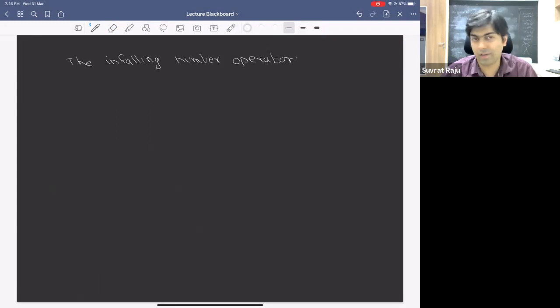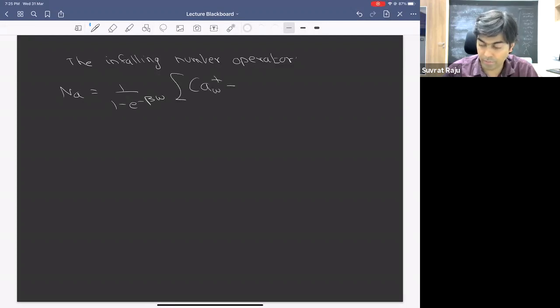It's going to be very similar. So let's consider the following operator. I'm writing down some combination, and it'll be clear in a minute why I'm writing down this combination. So I have some combination of ordinary and tilde operators.